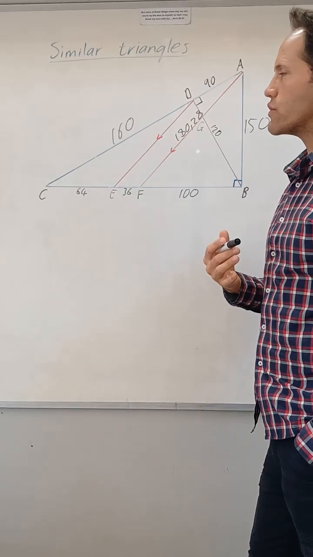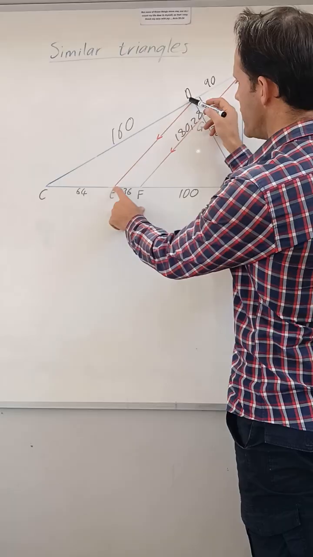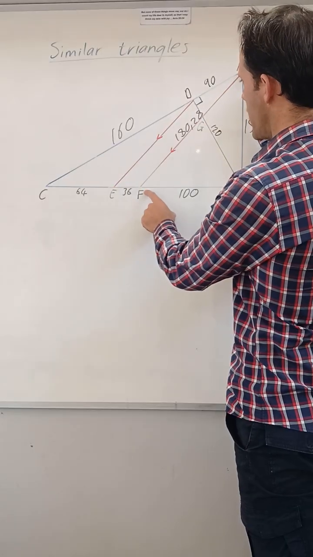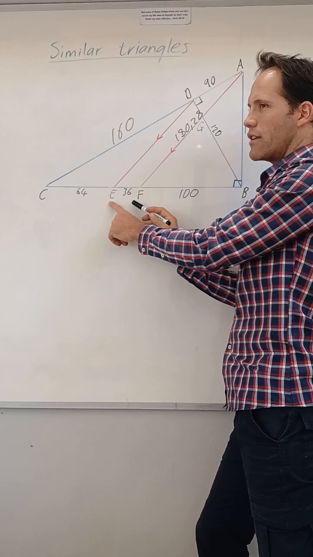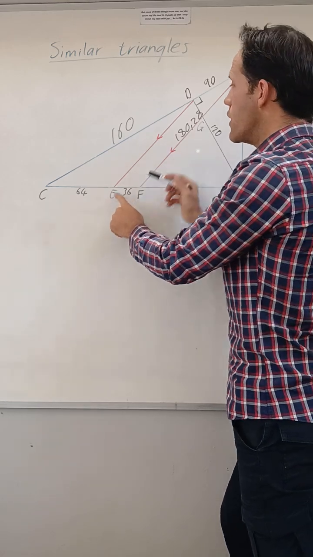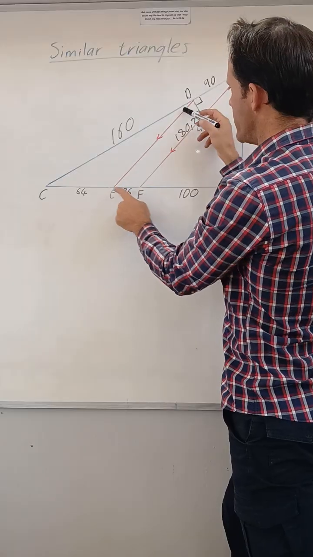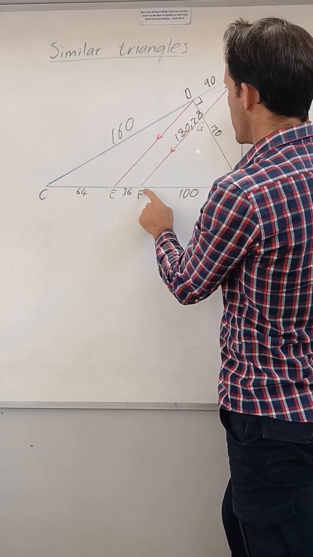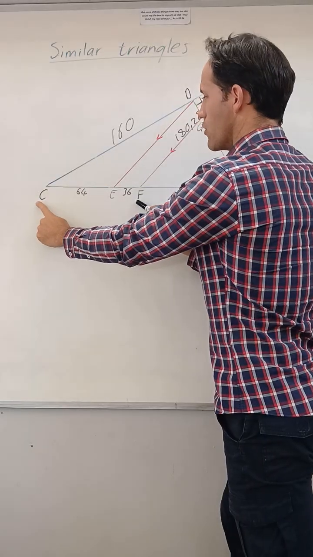What you want to say is DE over FA is equal to 64 over CF, the whole side.